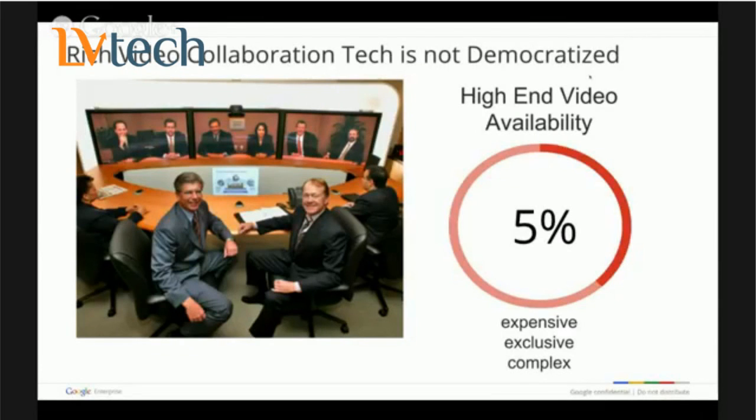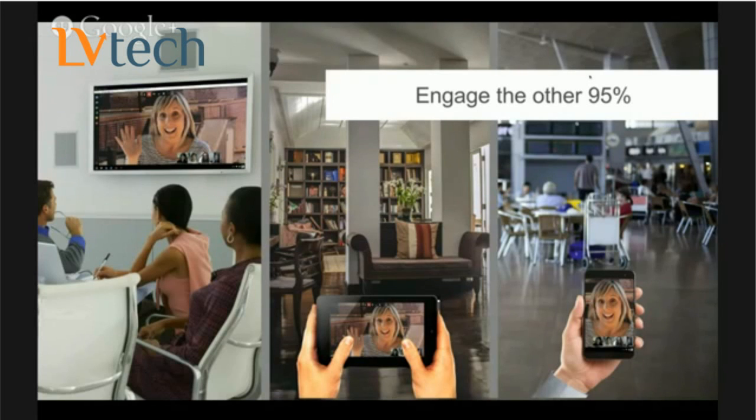Because of their cost, it's very exclusive, and frankly, it's a very complex technology, right? Most of these things are only accessed by the senior level leaders of an organization with essentially white glove IT support to make it run smoothly. So with Hangouts, we can really engage the other 95%.